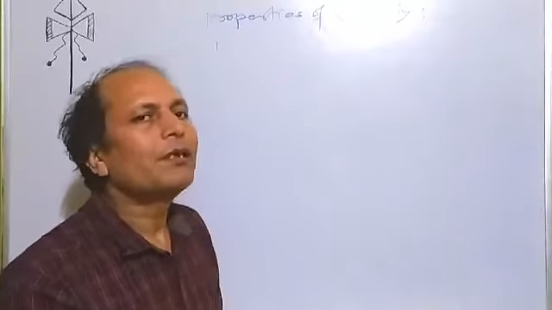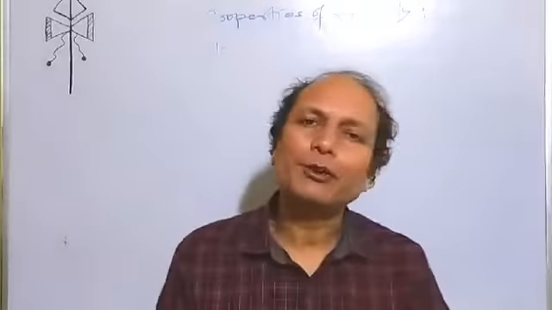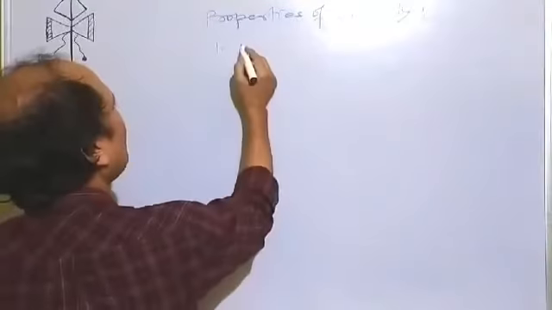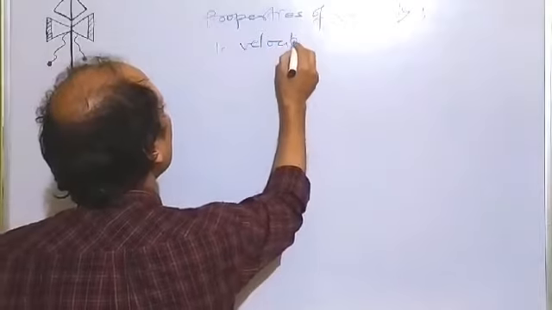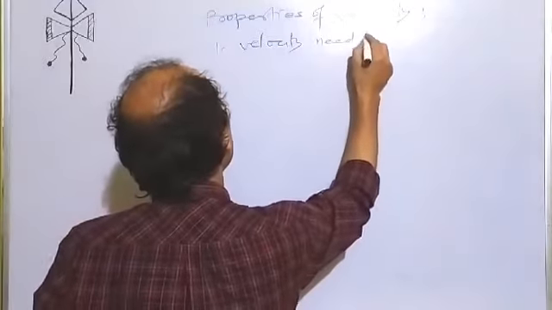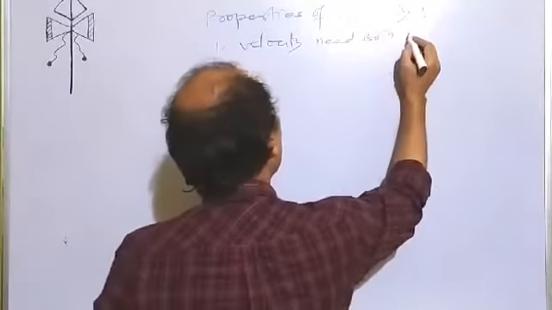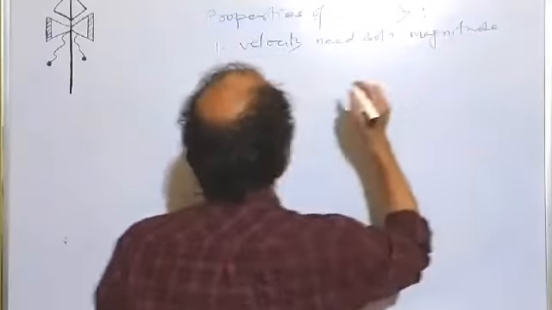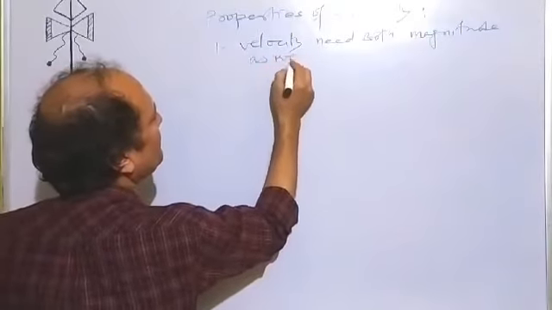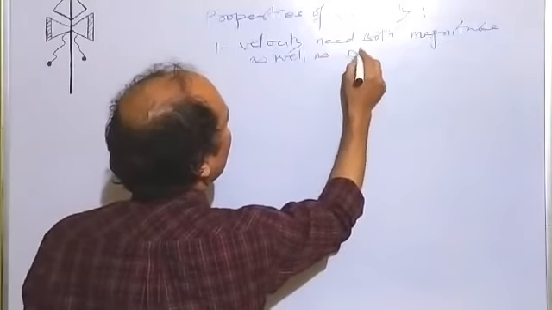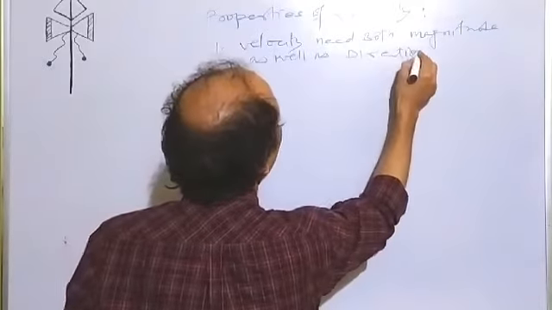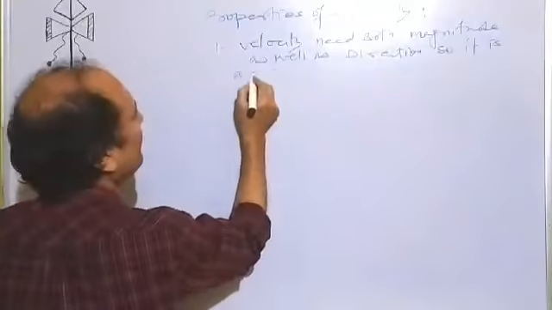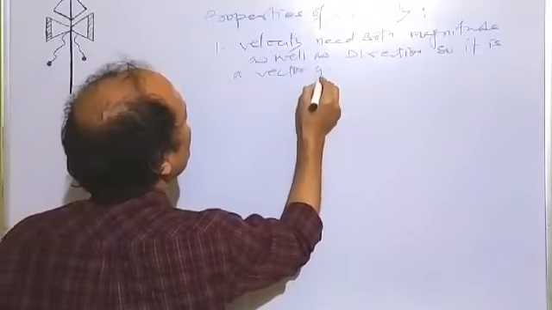Velocity needs both magnitude as well as direction. So the velocity is a vector quantity.